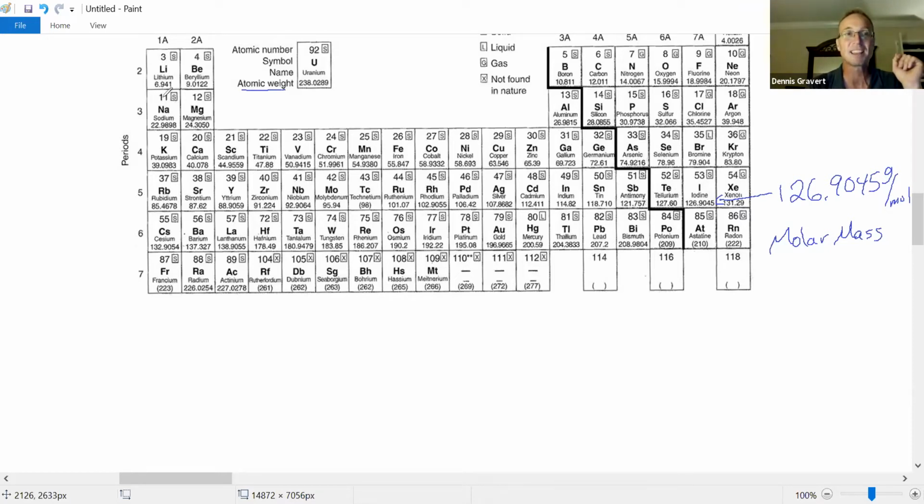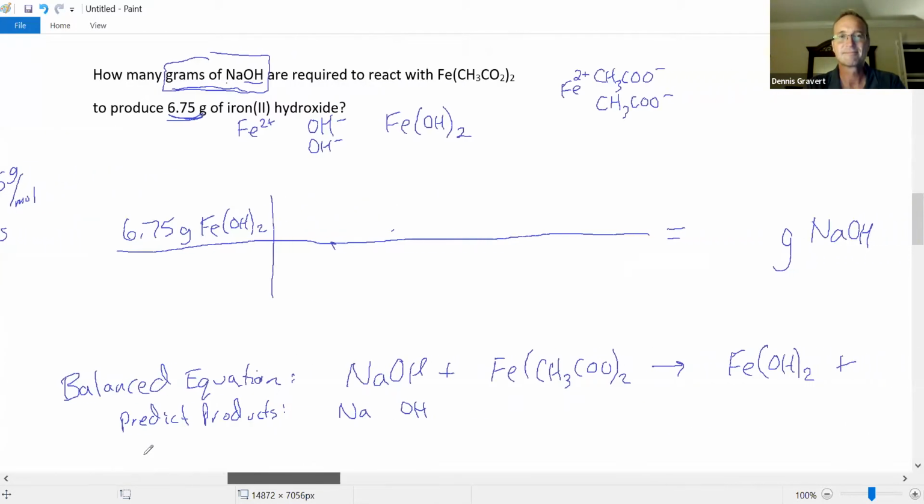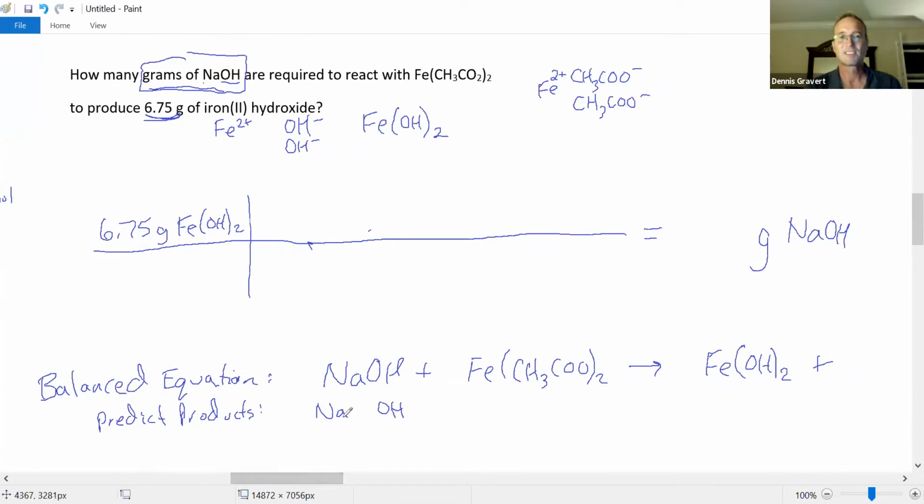Another way to think about it is 11 electrons that sodium has. It would prefer to have 10 like neon, so it wants to lose 1. So we predict that sodium has a +1 charge. We need to memorize our polyatomic ions. Hydroxide has a -1 charge, and hey, that matches. That makes a stable molecule.